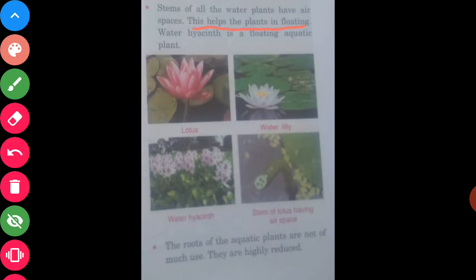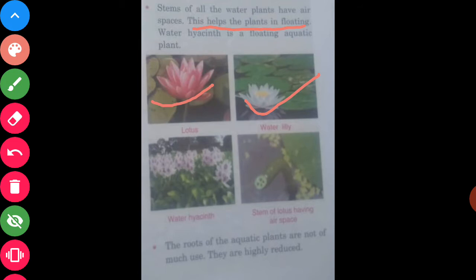That air gives buoyancy to the plants, due to which these plants float on the water, such as lotus and water lily. The rest of the plants which grow in water also have air spaces in their stems.